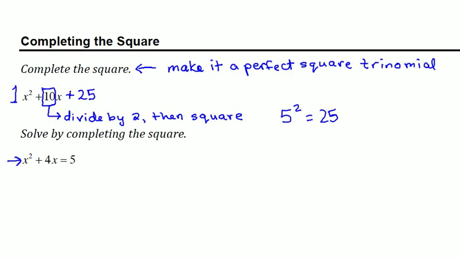So 25 is the number that I want to add to this expression to make it into a perfect square trinomial. Now recall from factoring that a perfect square trinomial is a trinomial that factors as the square of a binomial. So the way we can figure out what these two pieces are is the first term is what I would square to get the first term in my trinomial. So my first term is x in order to get x squared.